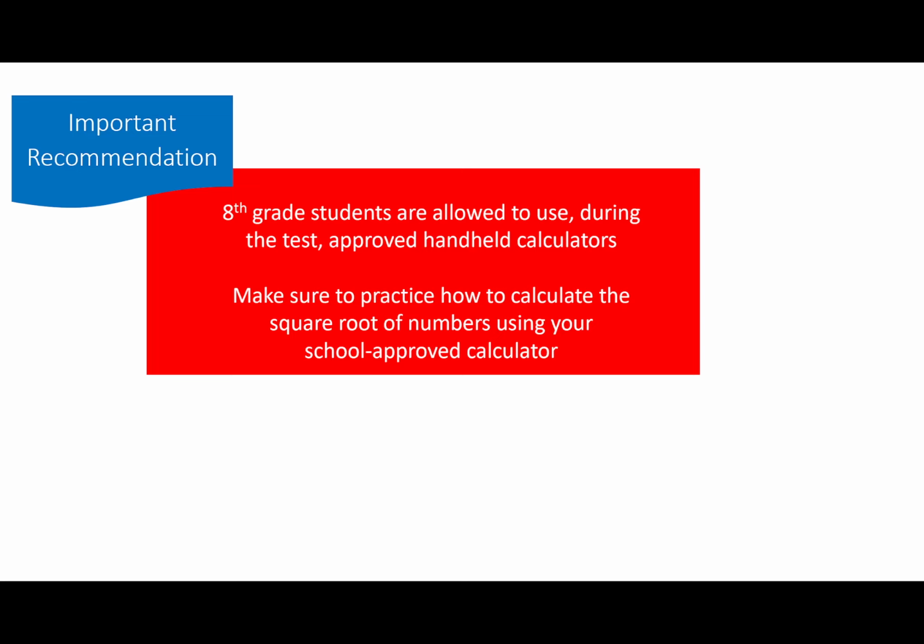Important recommendation: 8th grade students are allowed to use approved handheld calculators during the test. Make sure to practice how to calculate the square root of numbers using your school-approved calculator. It's very important. It will help you a lot during the test.